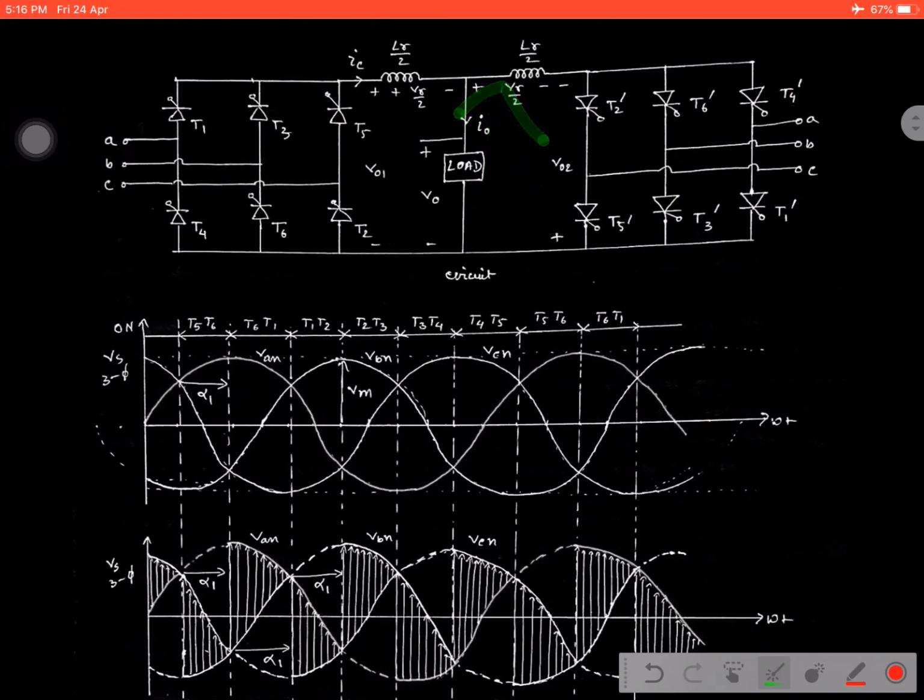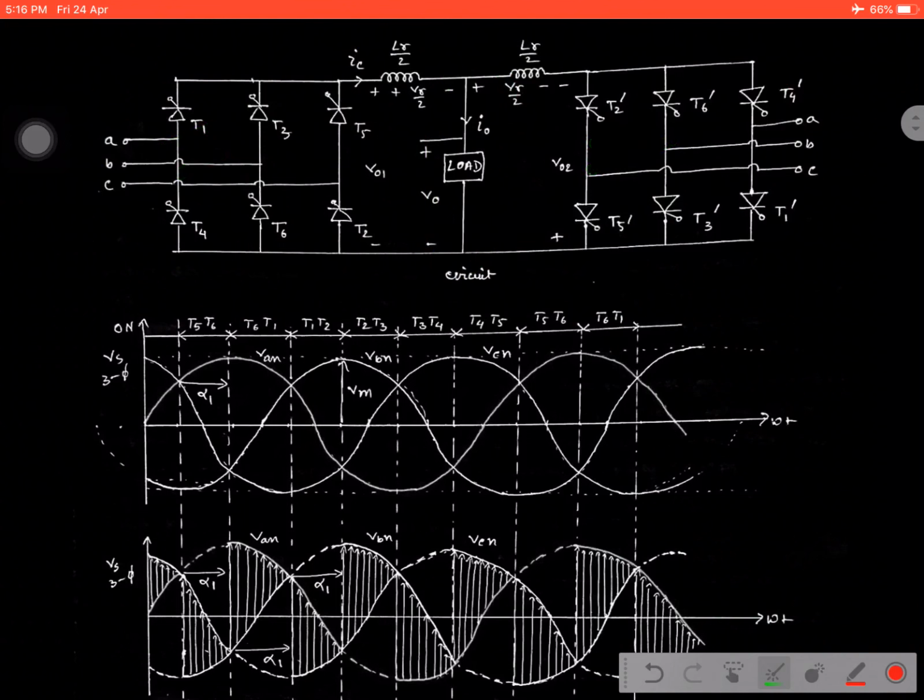That means when the first converter is in working state, the direction of the current is this one, and when the second converter is in working state, the direction of the current is this one. If both converters start working at any instant, with the same triggering pulse for the first and second converters, then the voltage developed across the load is 0.